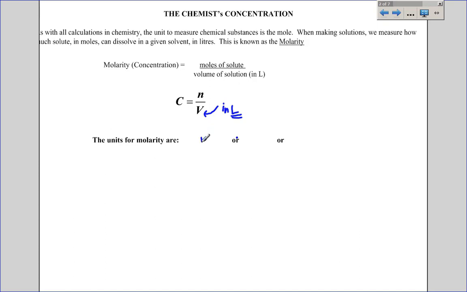Now the units for molarity are varied. The most basic form is to have the units being moles per liter, which is just using the moles in the numerator per liter in the denominator.